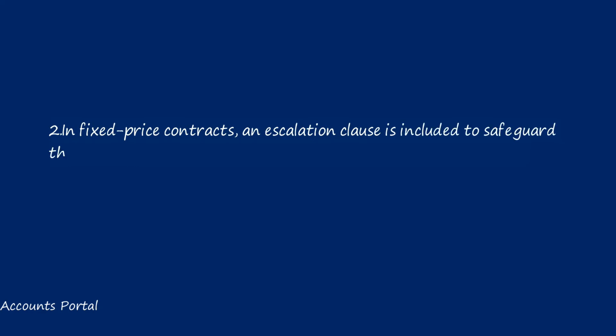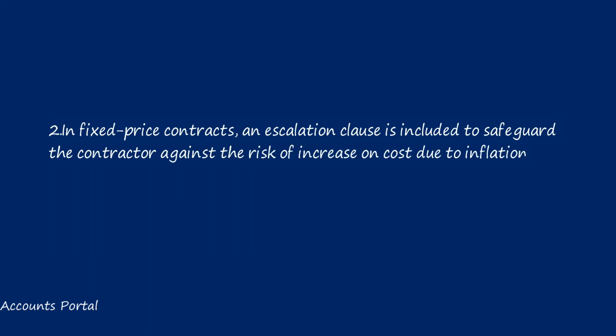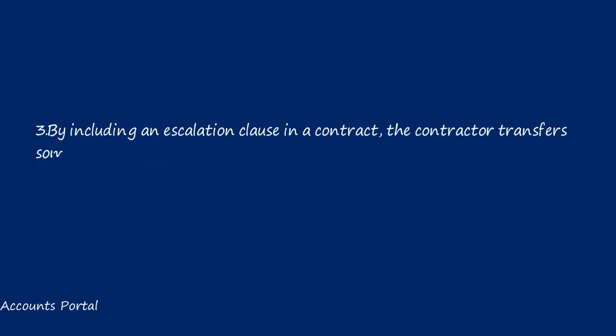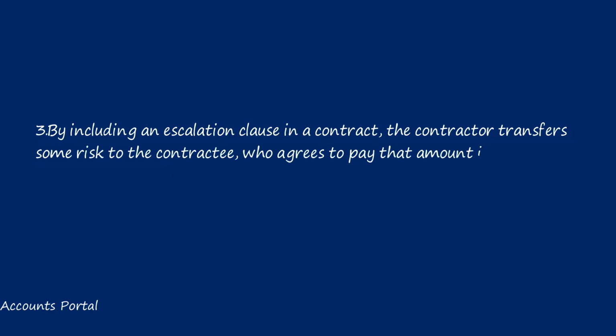In fixed price contracts, an escalation clause is included to safeguard the contractor against the risk of increase in cost due to inflation. By including an escalation clause in a contract, the contractor transfers some risk to the contractee, who agrees to pay that amount in addition to the contract price.